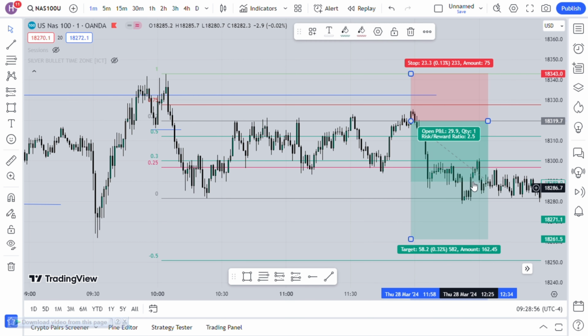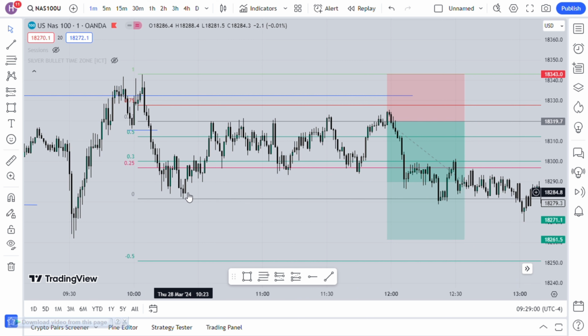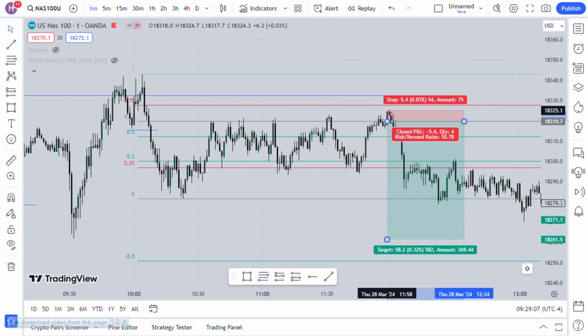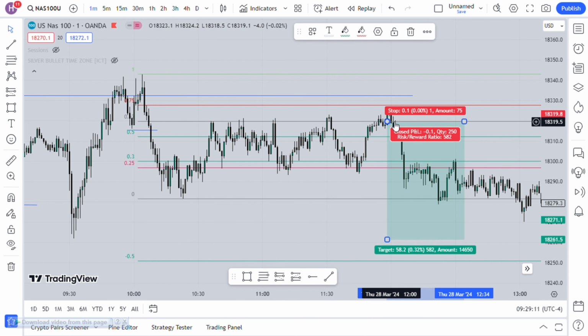You could have garnered a lot of money, but when your trade takes out this low here, you could just move your stop loss to the midpoint and let your trade run risk-free.